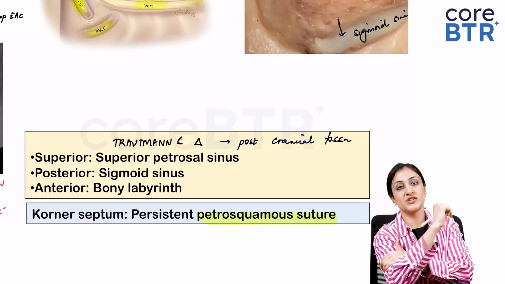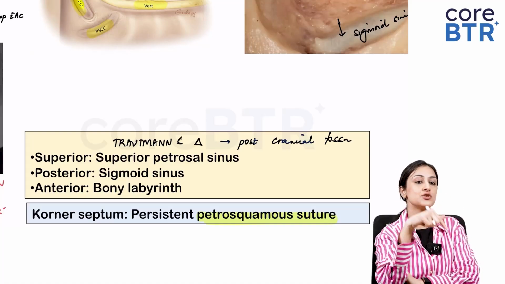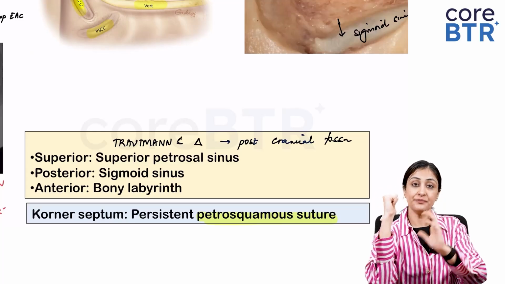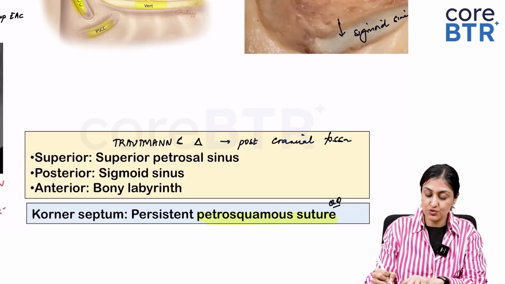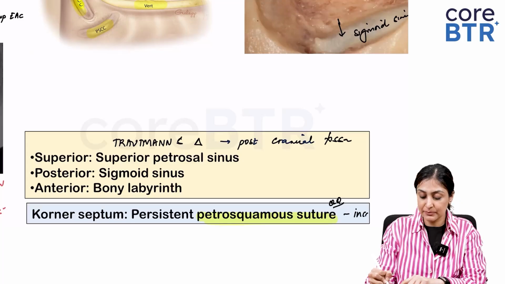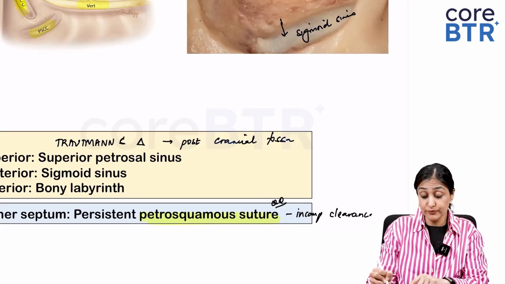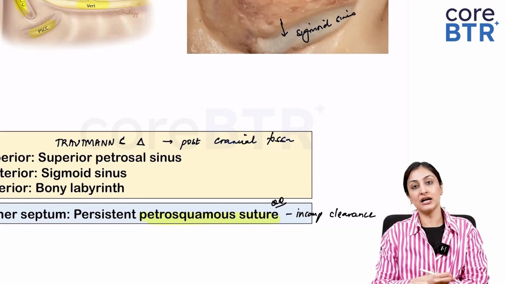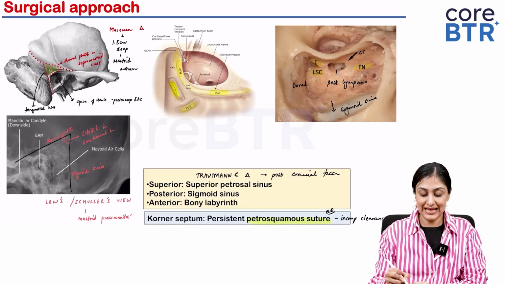So that is Korner's septum, and this is why before any mastoiditis surgery they'll also get a CT done so that we can look for these anomalies. Just remember the question: it's a persistent petrosquamous suture and will result in incomplete clearance, because you didn't know there was this extra room which was to be cleared. So there will be incomplete clearance of the disease, and this is the persistent petrosquamous suture.